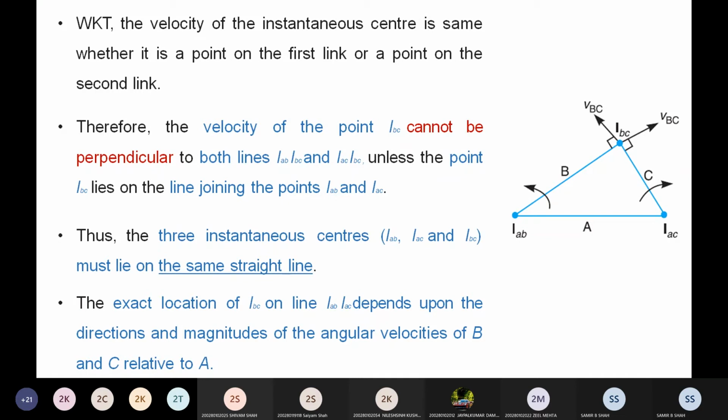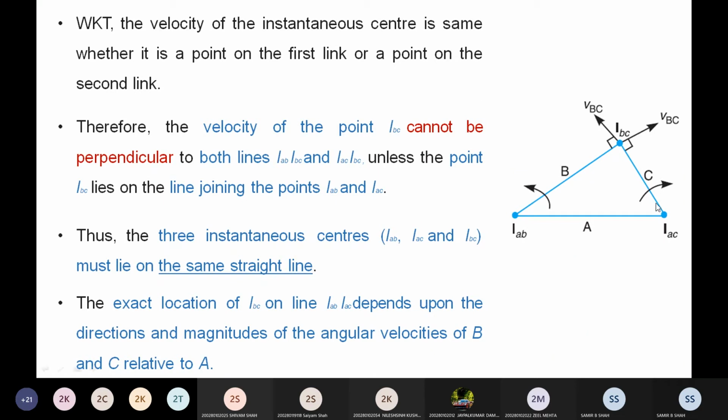So the velocity of IBC cannot be perpendicular to both lines, as we know very well it is not possible from the diagram. So it cannot be perpendicular to both lines IAB IBC and IAC IBC.